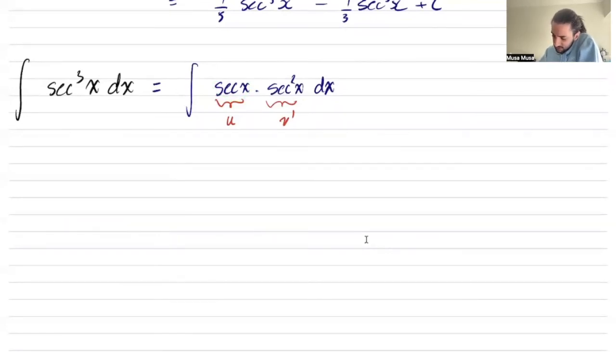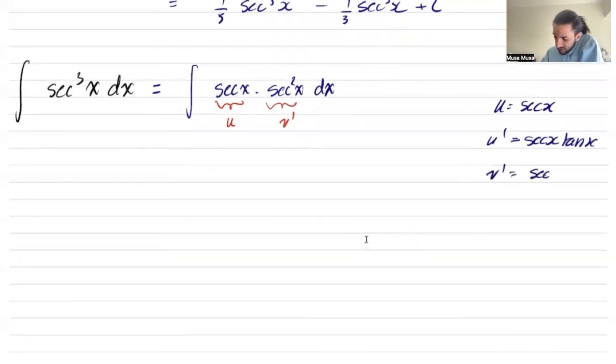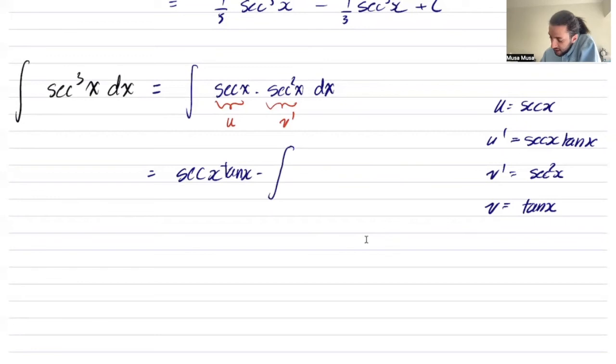So let's say u equals sec x, u dash equals sec x tan x. v dash equals sec squared x, which means v equals tan x. So bringing this together, we get vu, so sec x tan x, minus the integral of v u dash, sec x tan squared x dx.